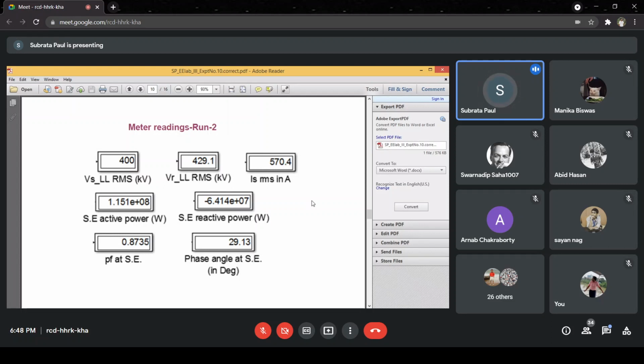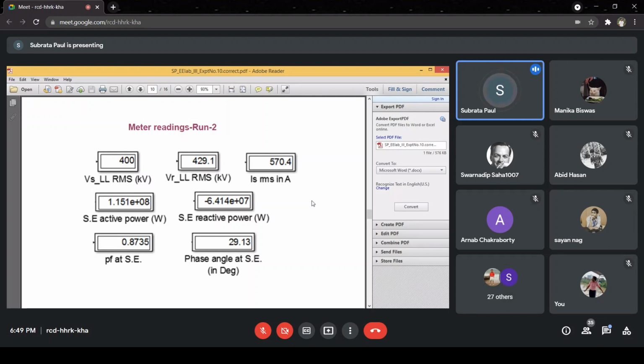the VAR generated by the shunt element of the line is greater than the VAR absorbed by the series inductance of the line. The series inductance is absorbing VAR because of the current flowing through its inductance. The shunt element is generating VAR. Now the VAR generated by the shunt element is larger than the VAR absorbed by the series element of the line.